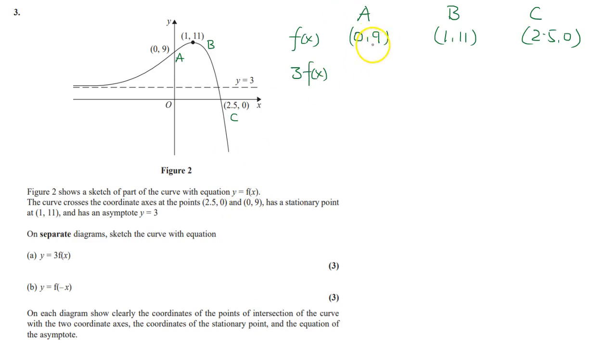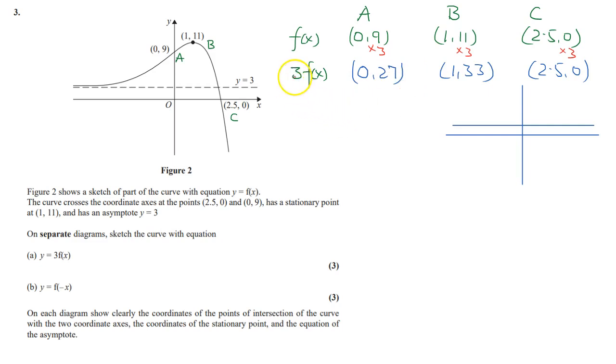So the simple rule is multiply y by 3. So the coordinates for this will be 0, 27, 1, 33 and 2.5 and 0.